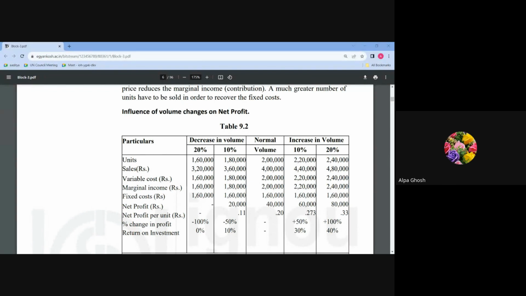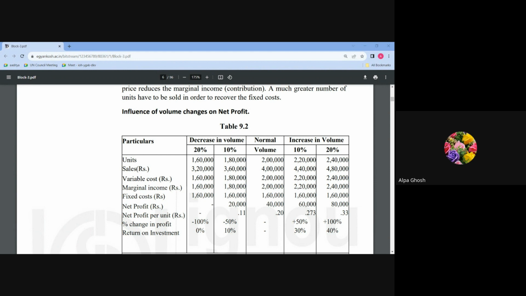So what is the variable cost? Rupees 1 per unit. So how many units are produced with a decrease? 1,60,000. So 1,60,000 multiplied by 1, your variable cost is 1,60,000. So sales minus variable cost, answer is marginal income. So 3,20,000 minus 1,60,000, your answer is 1,60,000.